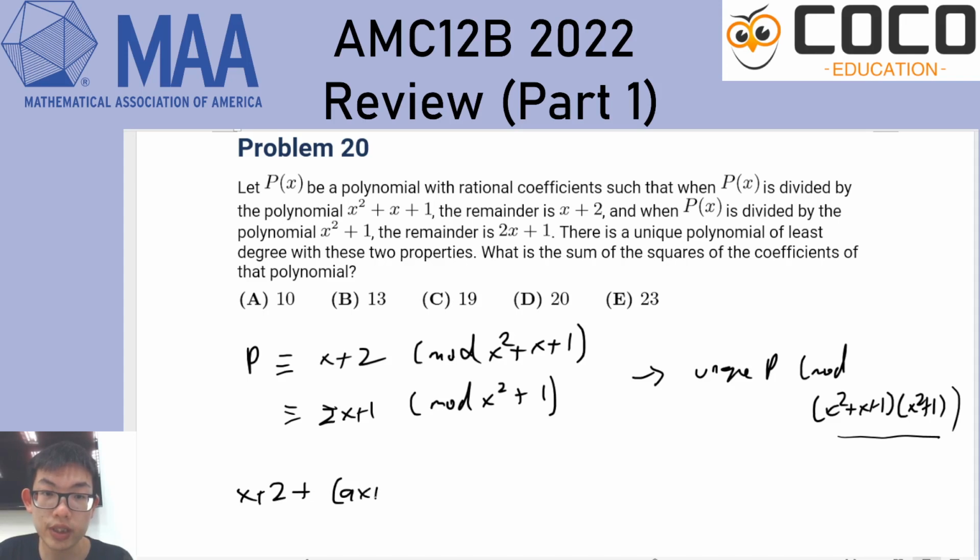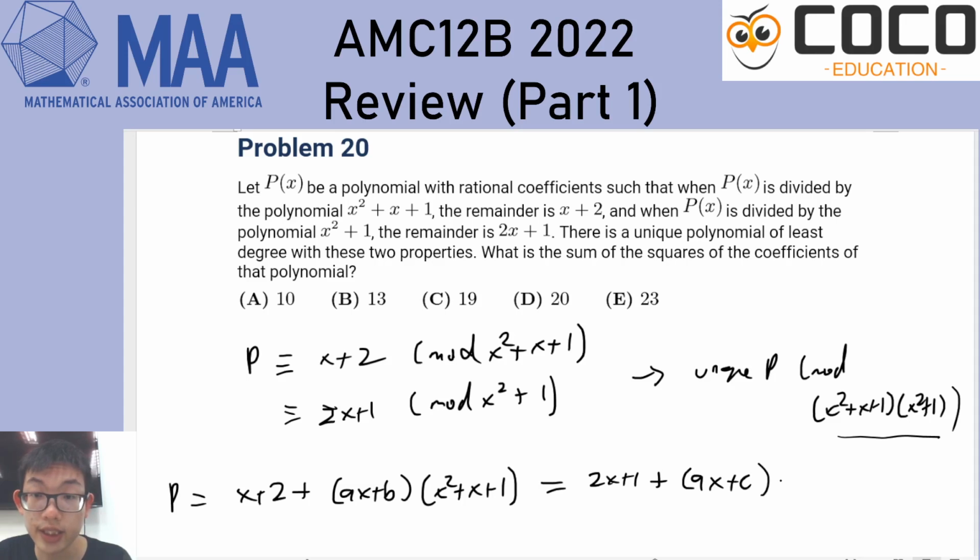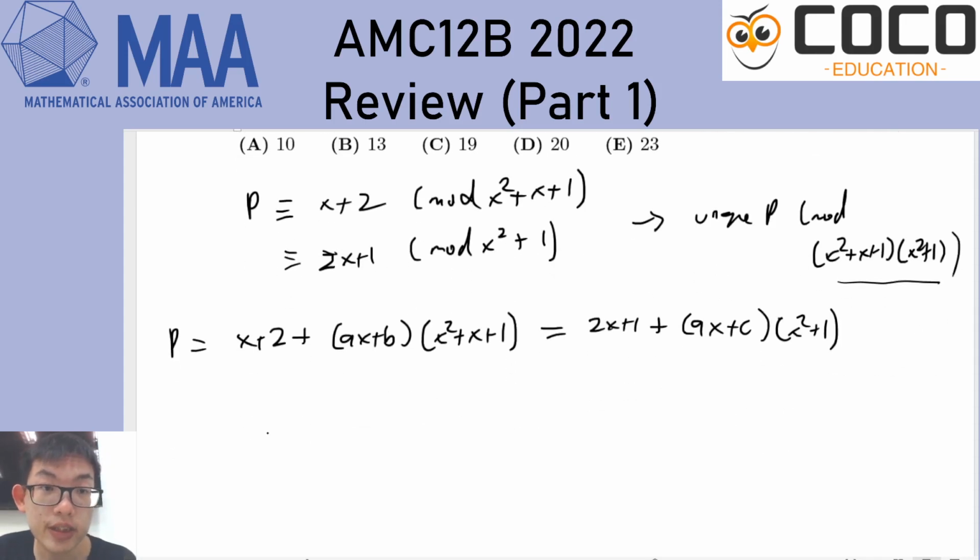So I will use this. And I'll write it as ax plus b and ax plus c being the multiples that I use. And I'll just expand it and see what happens. Right? So coefficient of x cubed is ax cubed here, that matches. X squared coefficient, I get b plus a. x squared coefficient here, I just get c.